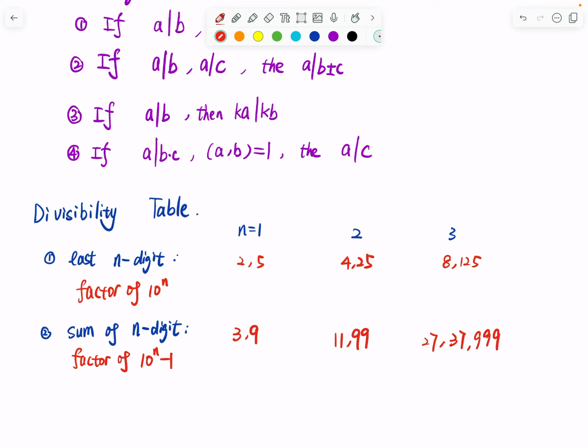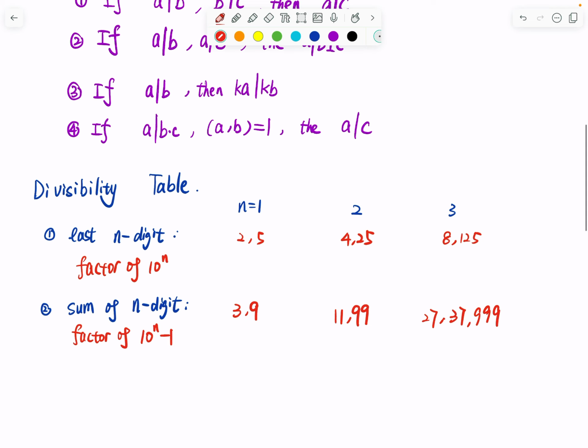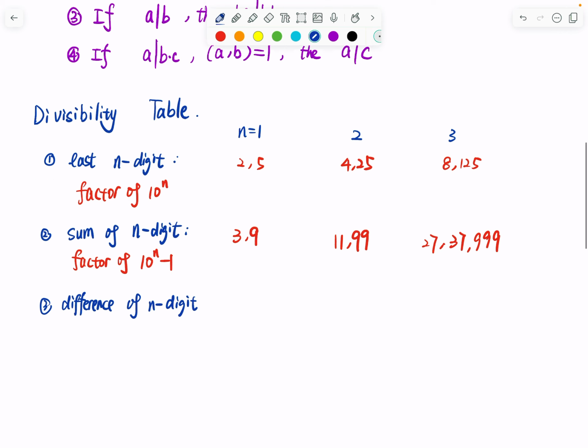Also, we have another one: the difference of n digits. Here we focus on the factors of 10 to the power of n plus 1. You can have a try. If n equals 1, 2, and 3, it becomes 11, 101, and 1001.